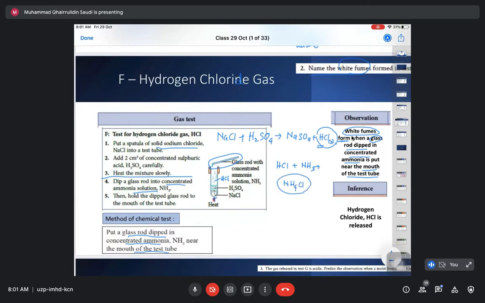So these white fumes adalah ammonium chloride, when ammonia reacted with hydrogen chloride. So white fumes form when a glass rod dipped in concentrated ammonia is put near the mouth of the test tube. So that shows that hydrogen chloride is released or produced. Okay.